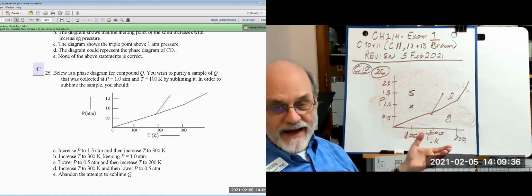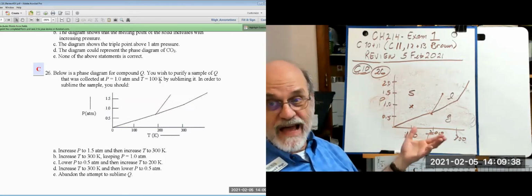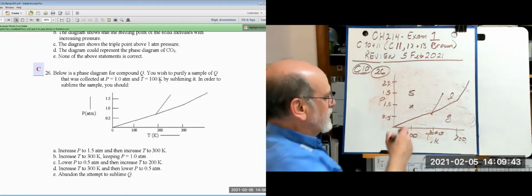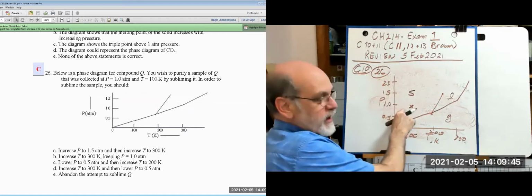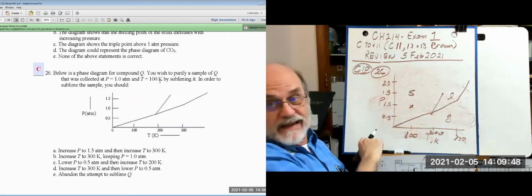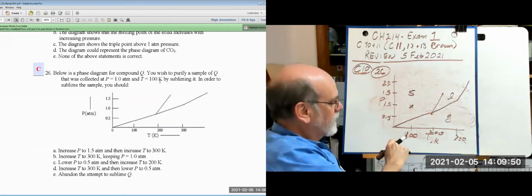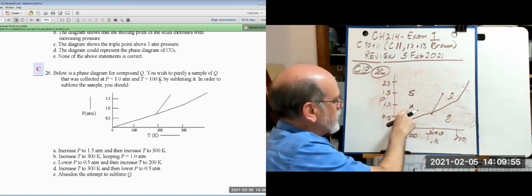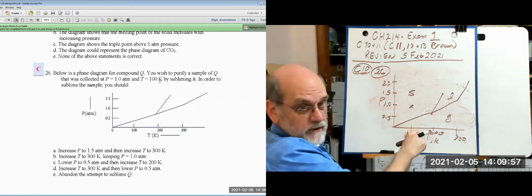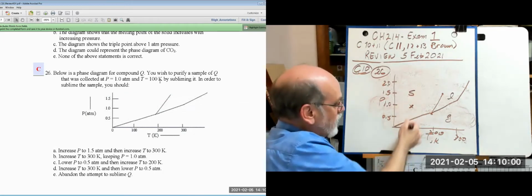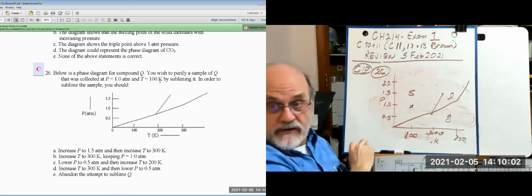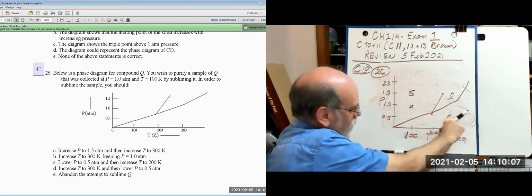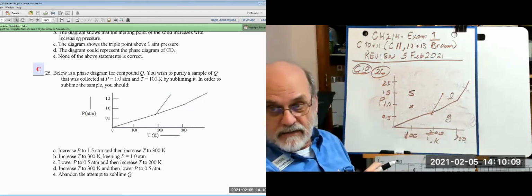If we're going to purify it, that is sublime it, then we need to go from solid to gas. If we hold the pressure constant here and go that direction, we're going to make a liquid. That won't work. We need to go from solid to gas. So we either hold the temperature and then drop the pressure, which would go solid to gas. Or we could drop the pressure down here and then add some heat and go to gas.